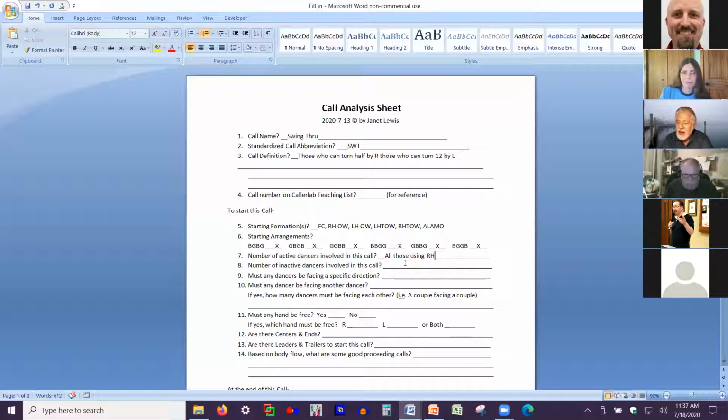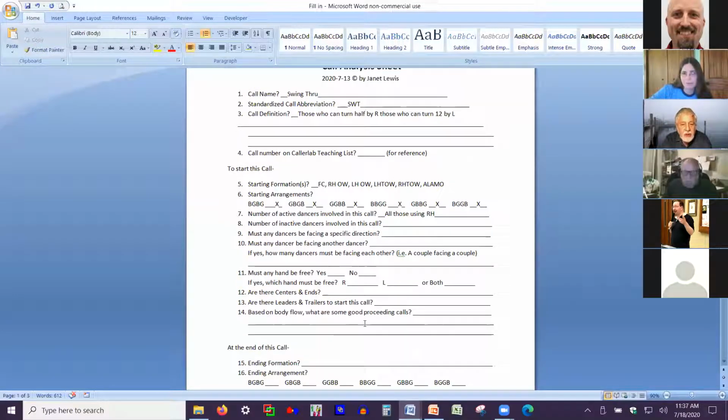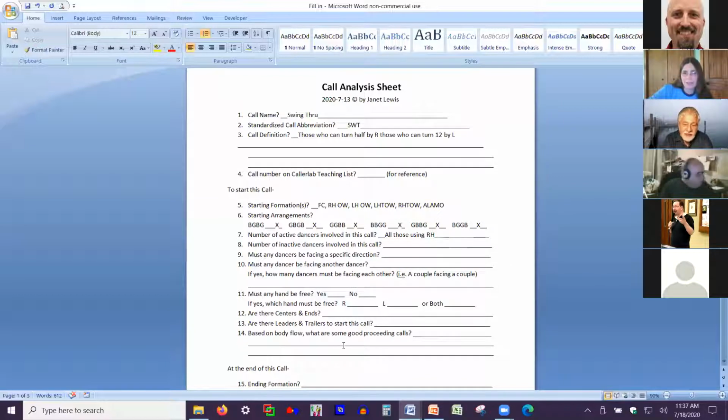Was it at the beginning of the call? Well, that's why it says to start the call, see, because down here we get to the end of the call. Okay. Oh, it does say that. Yeah. So to start the call, everybody using their right hand is considered an active dancer. And so the inactive dancers would be anybody who's holding only a left hand.